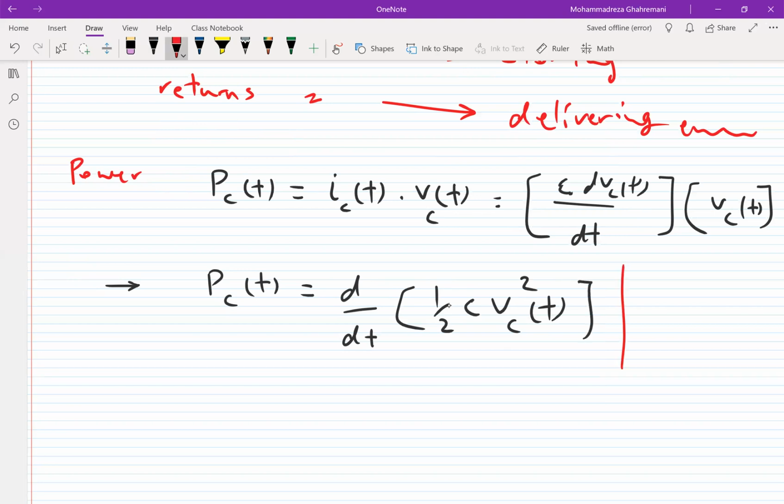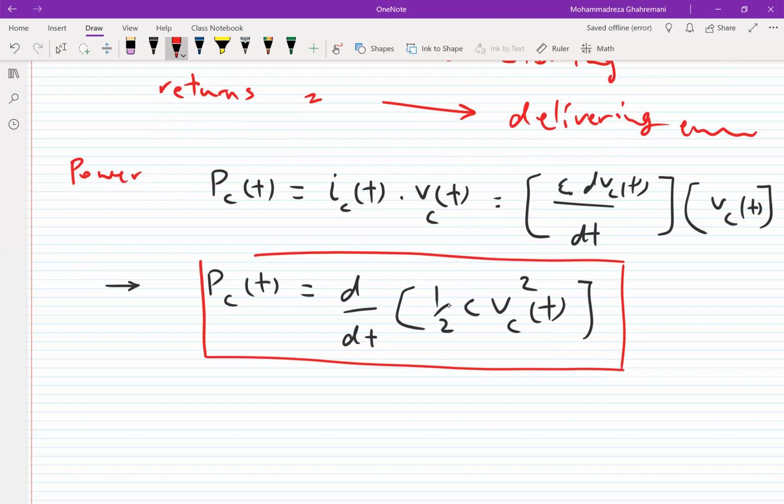Okay, here is the equation for the power of the capacitor. So we learned what the power of a capacitor is, what the energy of a capacitor is, and what the voltage-current relationship in a capacitor is.